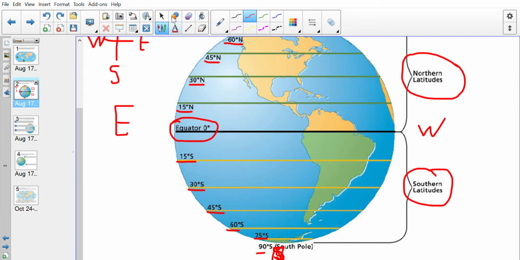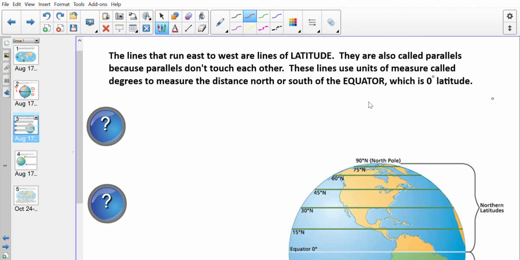In between each of these lines are even smaller lines that measure 0 to 15. So there'd be a 1 degree line, 2, 3, 4, 5, all the way up to 15. But all these lines are imaginary, so you can't actually see any of them on the globe. These are called lines of latitude.